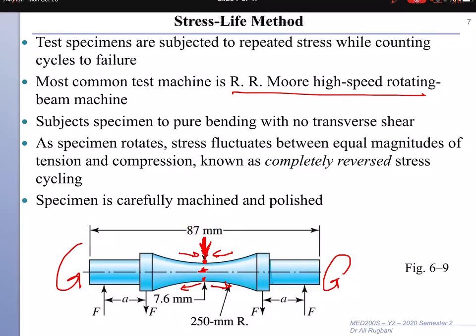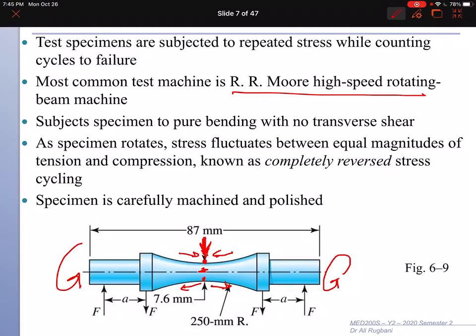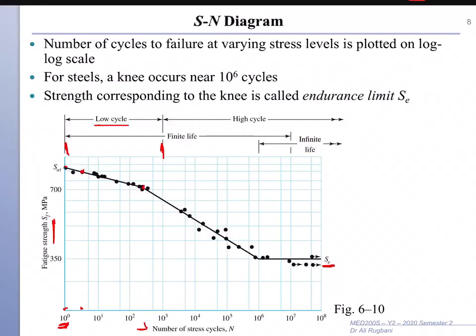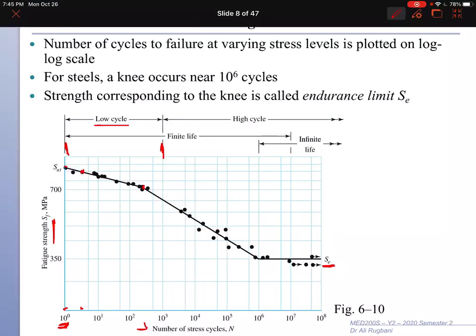Endurance is given the symbol Se, that's endurance strength. Okay, so endurance strength is a value here.